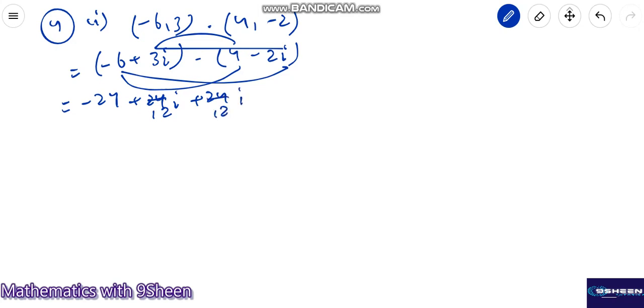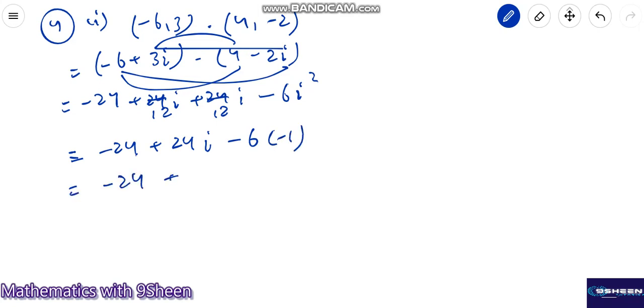Right? 3 iota multiplied by minus 2 iota is minus 6 iota square. It is minus 24. 12 iota plus 12 iota is equal to 24 iota. Minus 6 and iota square is equal to minus 1. Minus 24 as it is, plus 24 iota as it is, minus minus positive, 6 ones are 6.